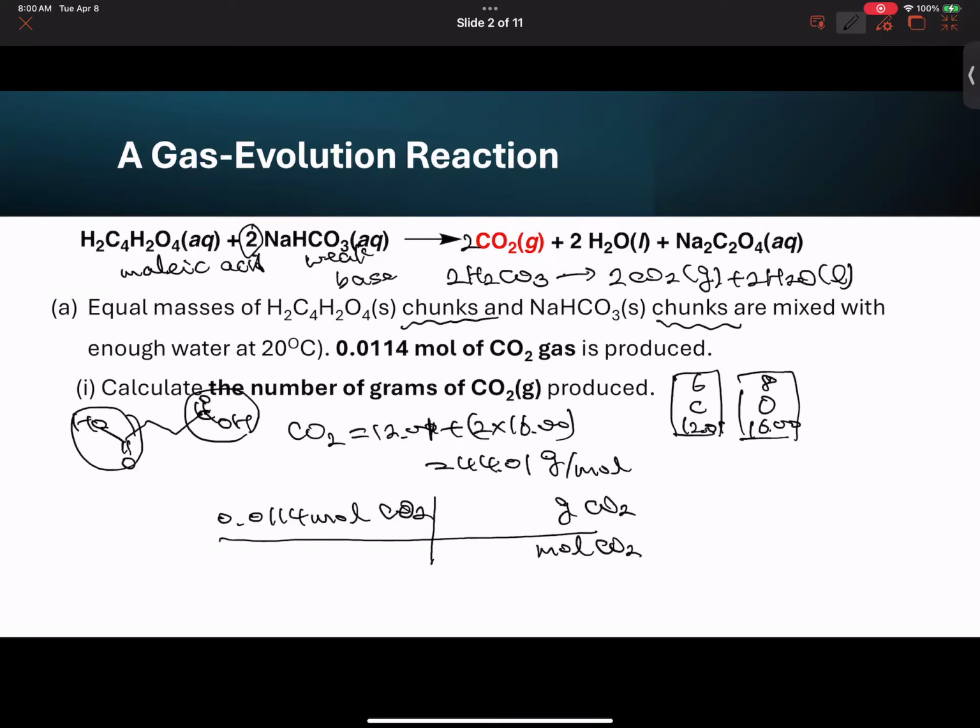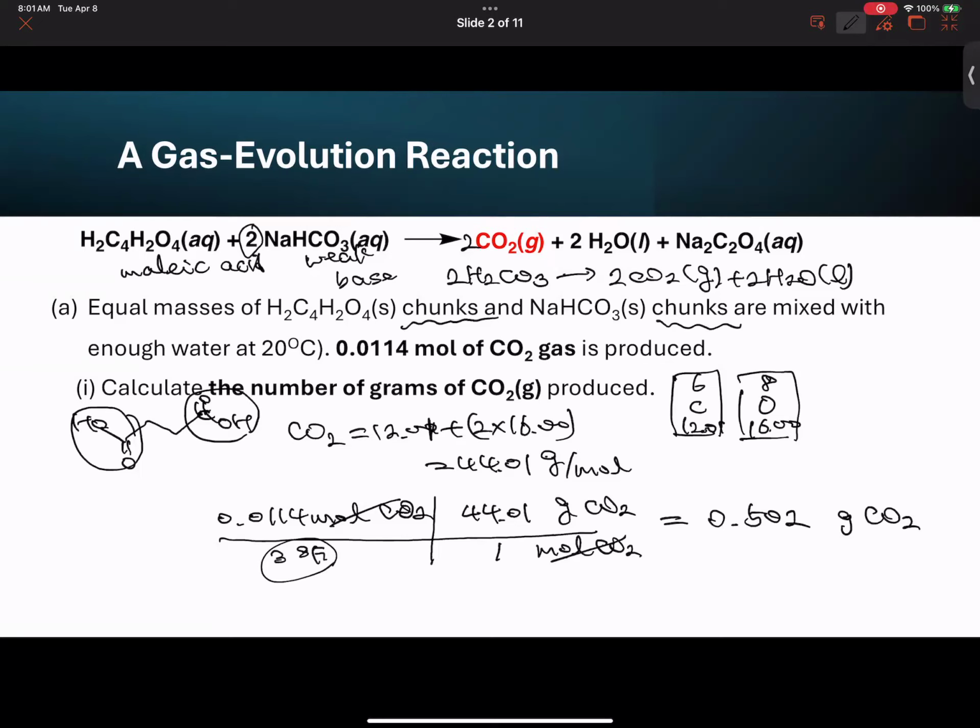From the molar mass, we know that 1 mole has a mass of 44.01 grams. Then moles cancel out and we are left with grams of CO2. We are given 3 significant figures, so let's represent the answer with 3 significant figures, which is 0.502 grams of carbon dioxide gas.